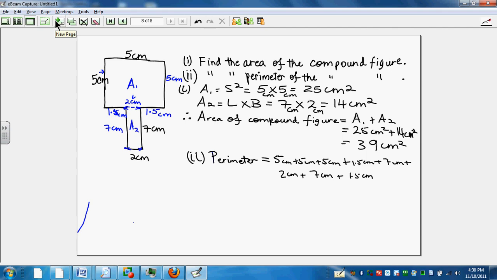And that will give us our total perimeter. And when you add up all that, you'll get a perimeter of 34 centimeters. All right, and that will be the answer for the second part.